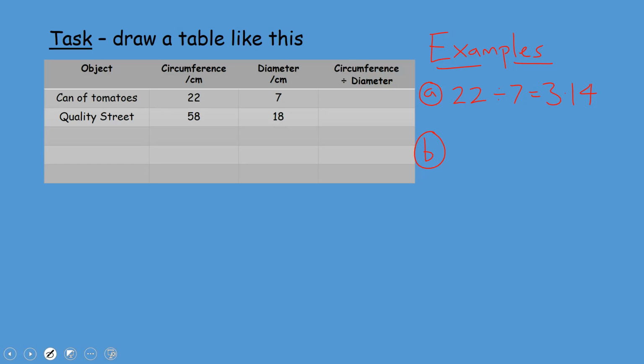I'm going to put in 58 divided by 18 and put that into my calculator now. And I've got 3.22. Okay, what I should have been doing also is filling these in.